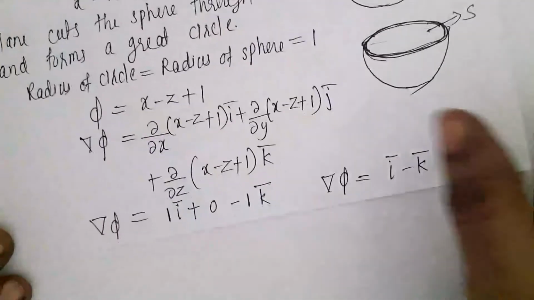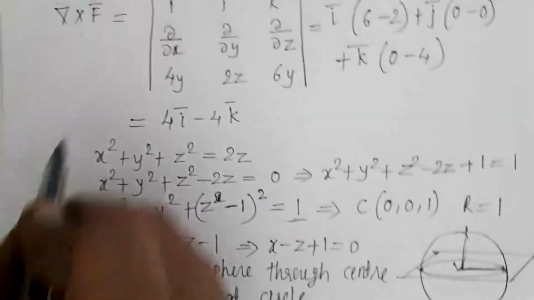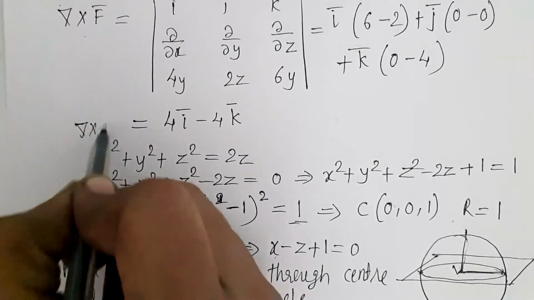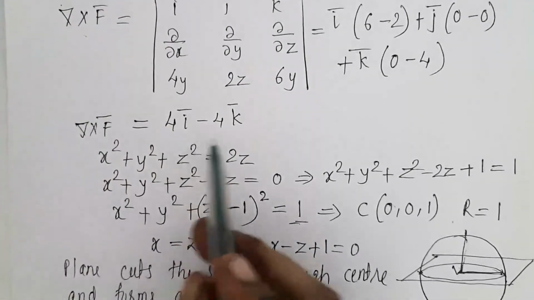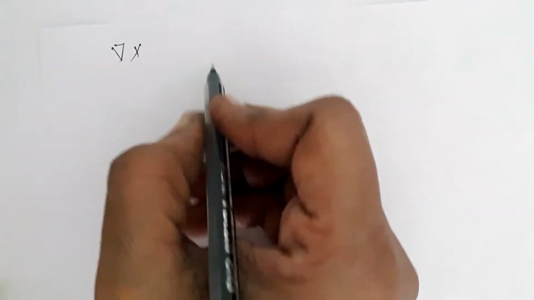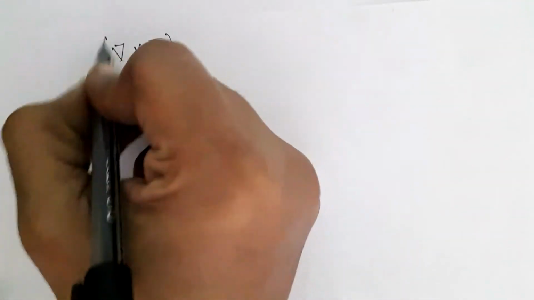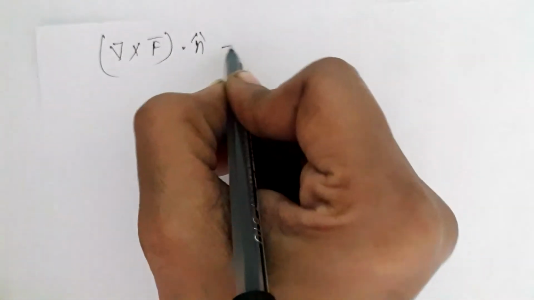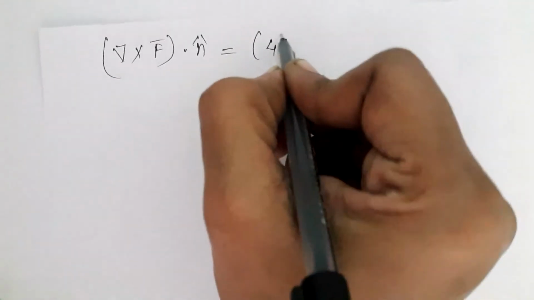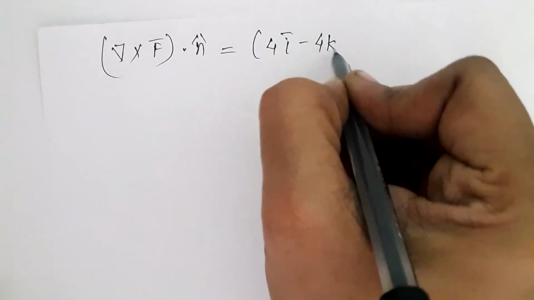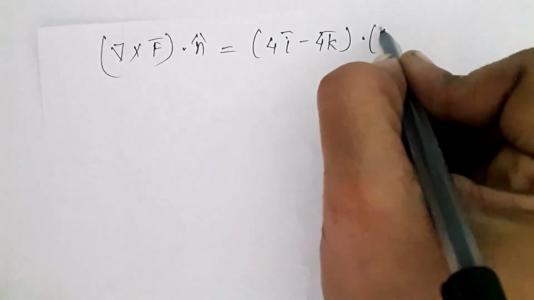Now what do we want here? We want del cross f dot n cap, and del cross f we got as 4i minus 4k. So find its dot product. Del cross f dot n cap is equal to 4i minus 4k dot product with i minus k.